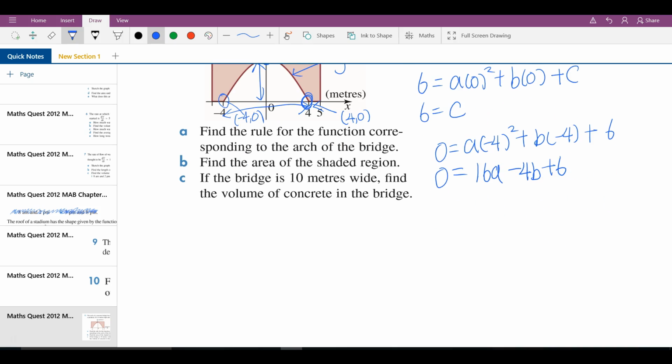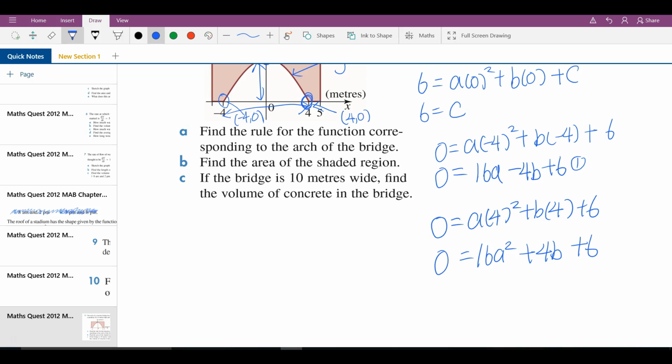And the other point is 0 equals a times 4 squared plus b multiplied by 4 plus 6. And that would be 16a plus 4b plus 6. Alright, so we got two equations, equation 1 and equation 2, and we can solve these two simultaneously. It's 2 equations, 2 unknowns.